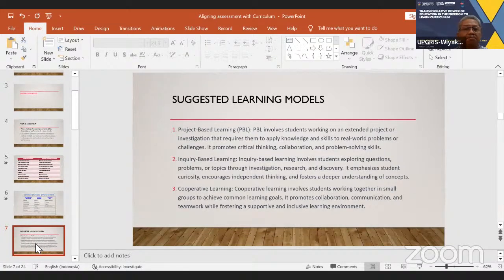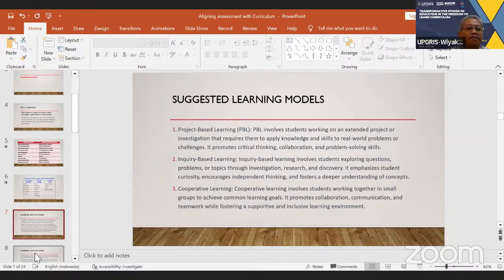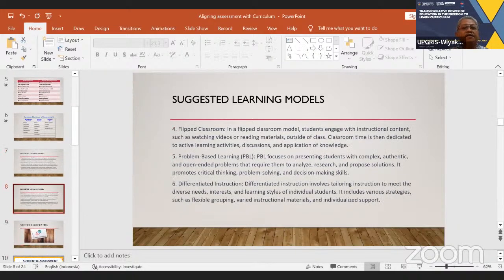Number 4 is flipped classroom. We got knowledge and information from Lucia when she explained a lot about what a flipped classroom is. This is basically not new, but rarely practiced in the classroom, Lucia.